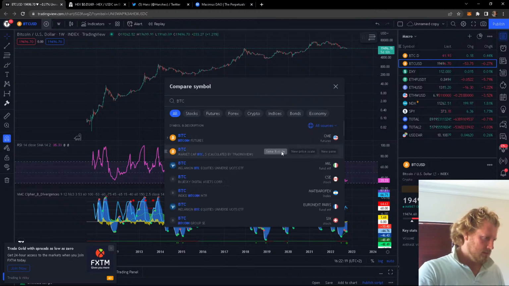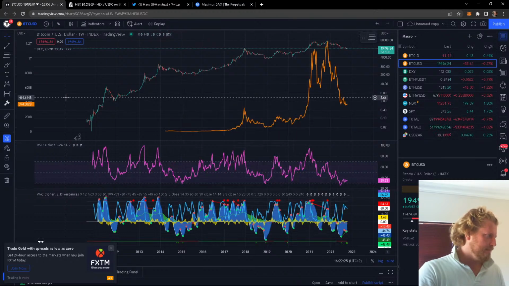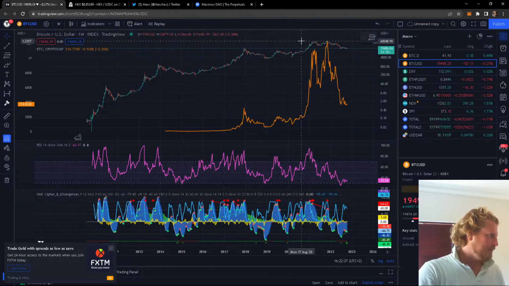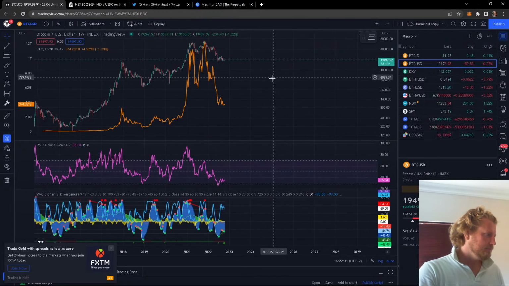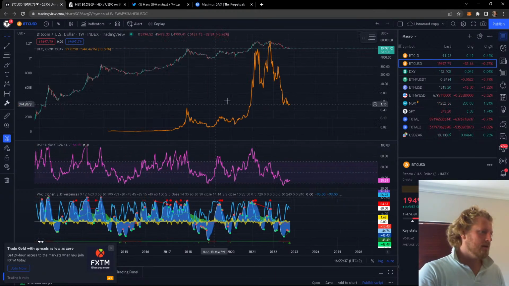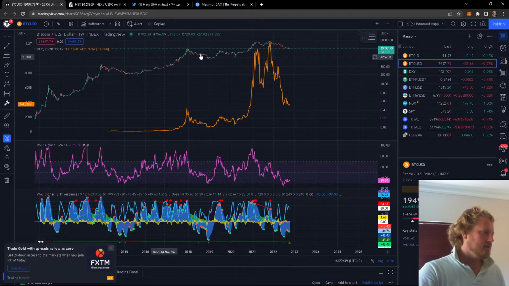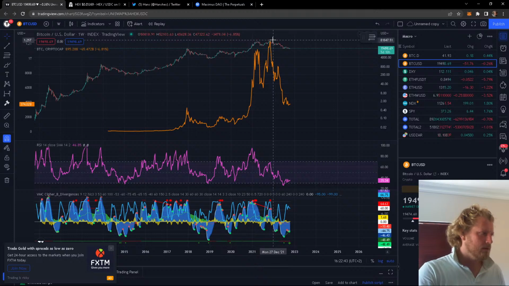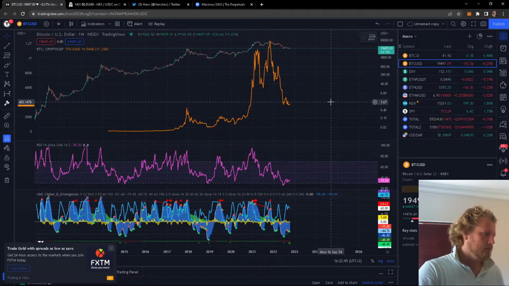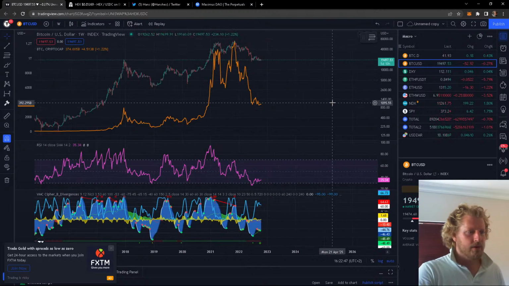BTC market cap. We topped out at 1.2 trillion. You can see the market cap count on this side. This is the price and the market cap is here. Yeah, so we topped out at $1.24 trillion. Huge. And I mean, what's the market cap of gold?